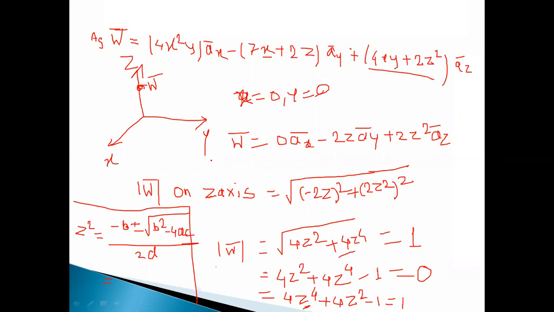Z squared is equal to 0.207, and z is equal to plus minus 0.455.